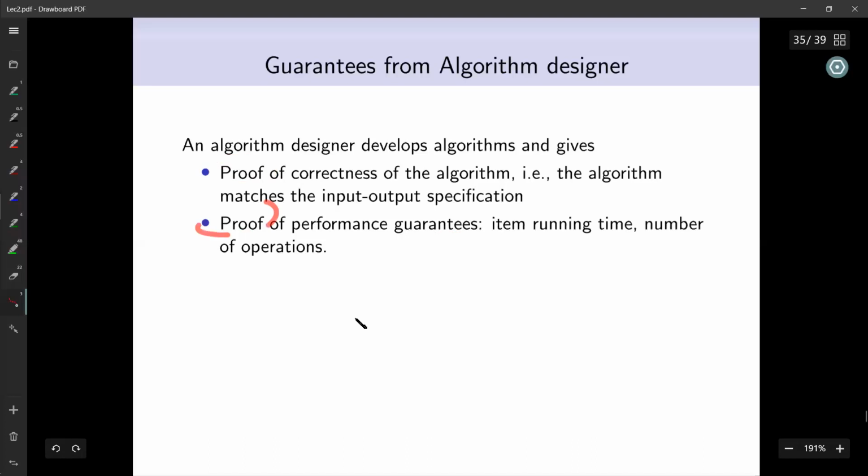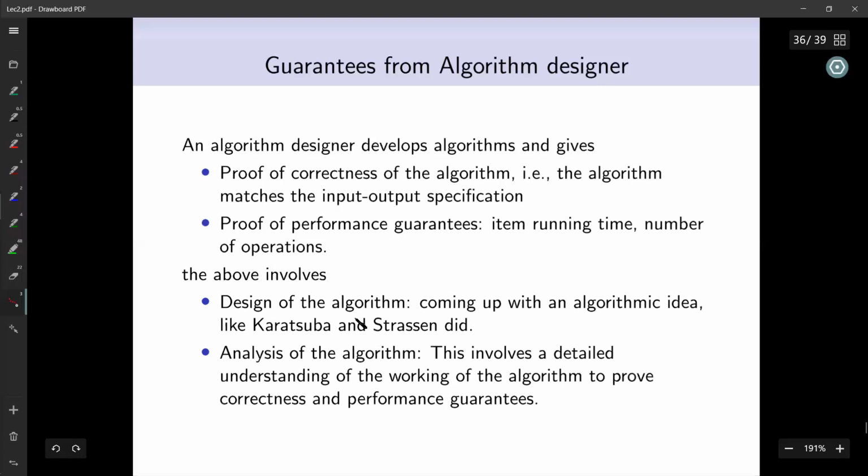It may be running time or number of operations, or it could be memory used. It depends on the application and on the actual problem. So these are the primary tasks.